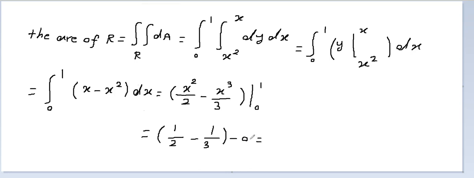So this equals, here 6, 2 times 3, 3 times 2. Okay, this equals 1/6. This is the answer.